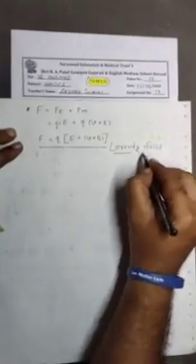Dear students, this equation is very much important, right? Why? Because it can be asked as a 1 mark question or as an MCQ. If it is asked as an MCQ, what should the question be? The question is like this: which of the following forces is a velocity dependent force?